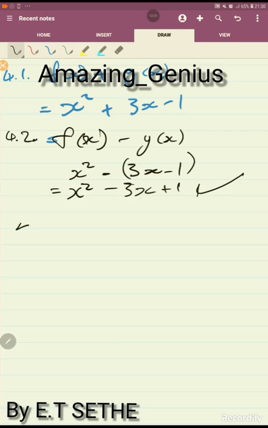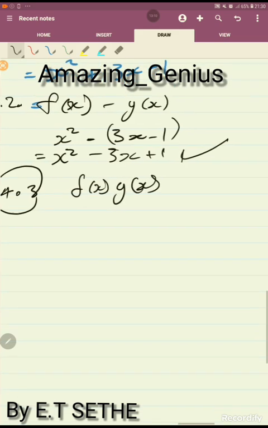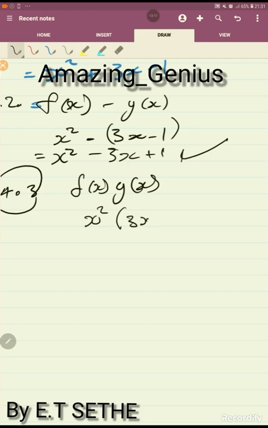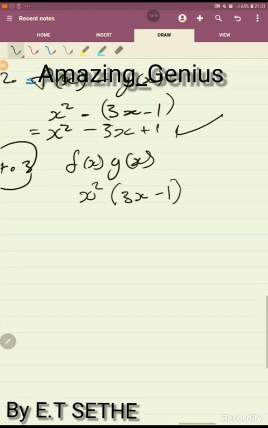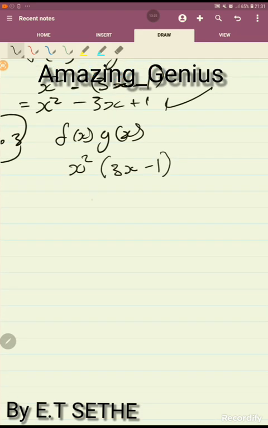So 4.3 says this is the multiplication, f at x multiplied by g at x. Therefore this just says x squared multiplied by 3x minus 1, which is going to give us 3x raised to 3 minus x squared.